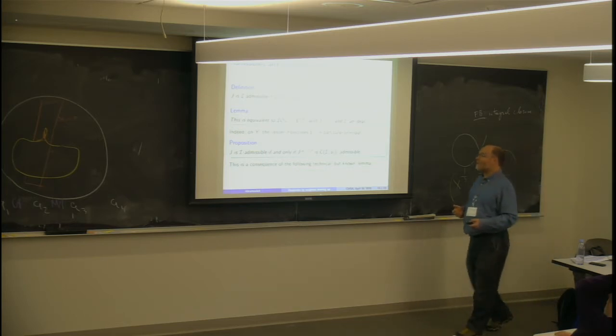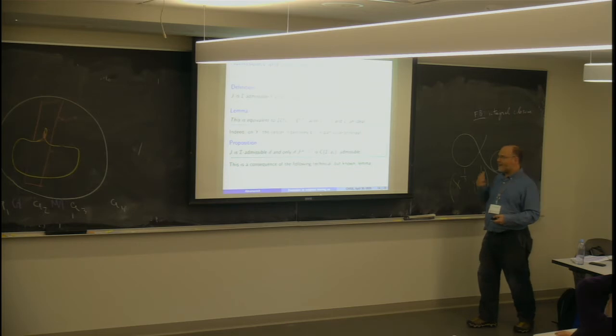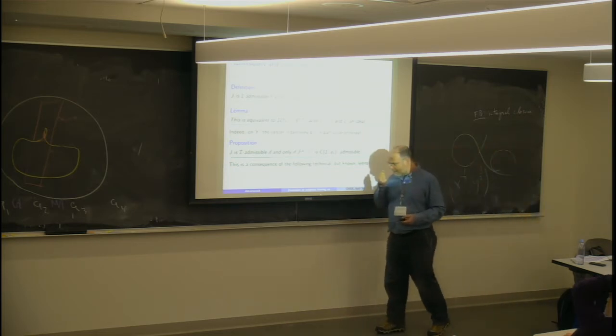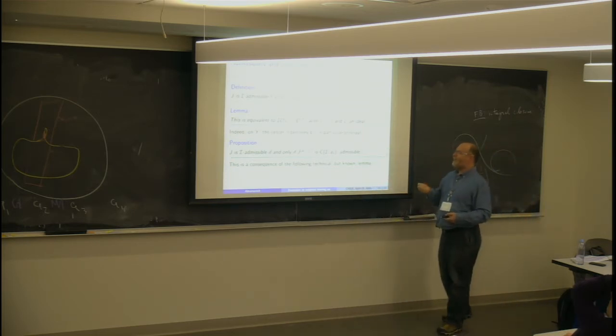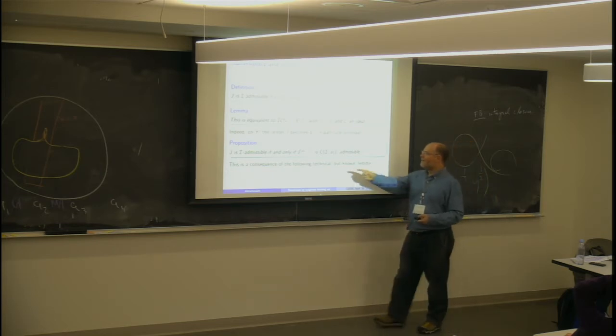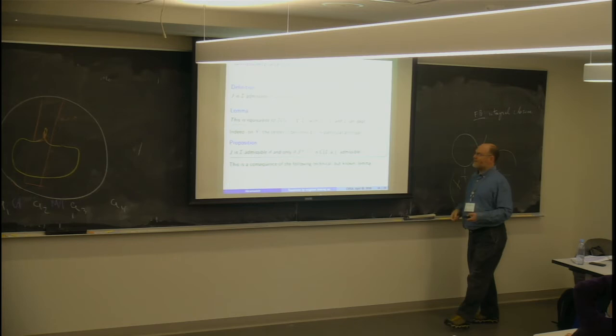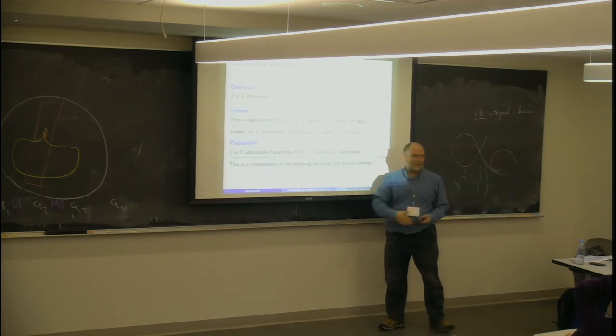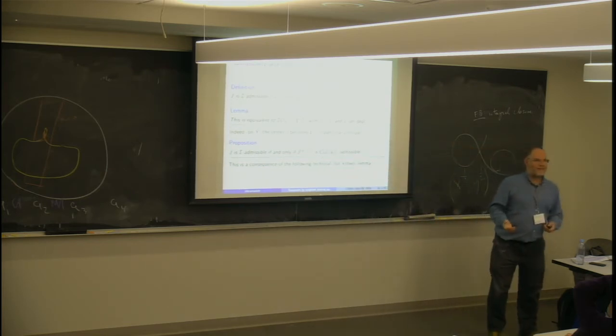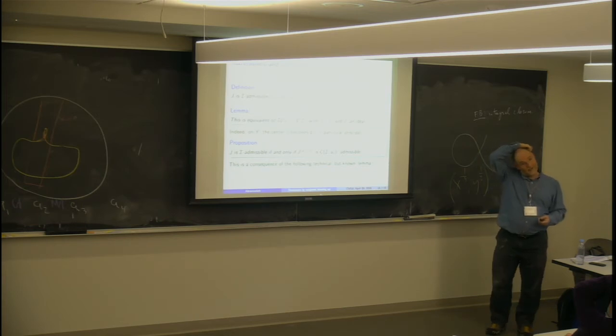We have a proposition that says that I can test whether a center is admissible for I if and only if this power of the center is admissible for the coefficient ideal. So I can always pass to the coefficient ideal, and the advantage of that is that this is what I'm going to restrict.